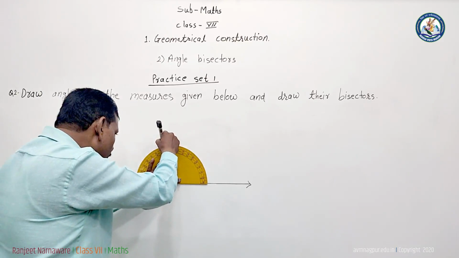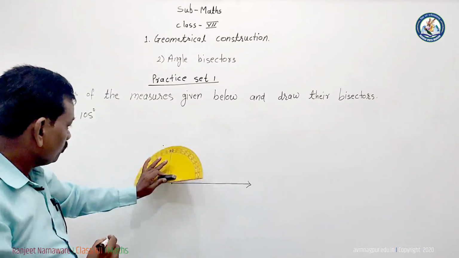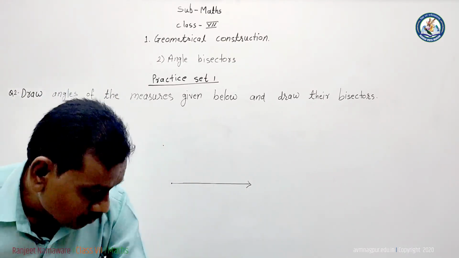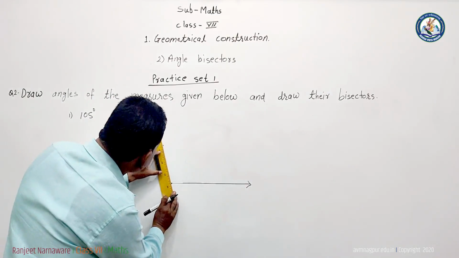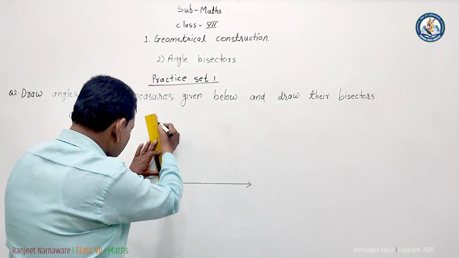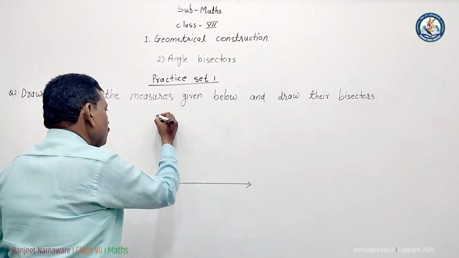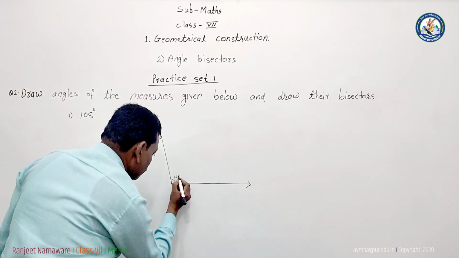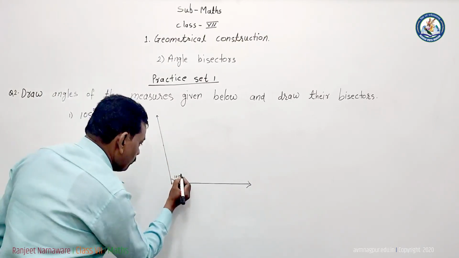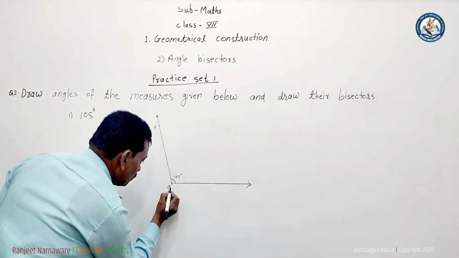Just mark it at 105. Then remove the protractor. Join the mark point with the end point of the arm. In this way, we get the angle of 105 degree. Then name it. Just give the name PQR.